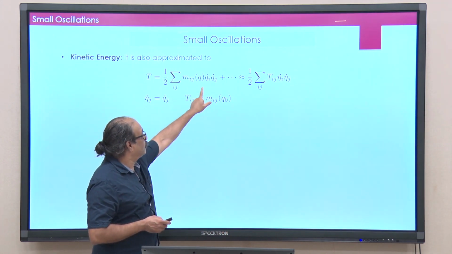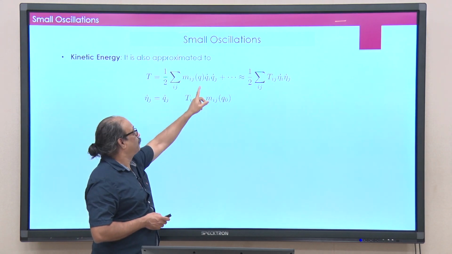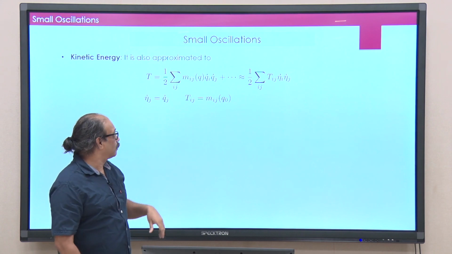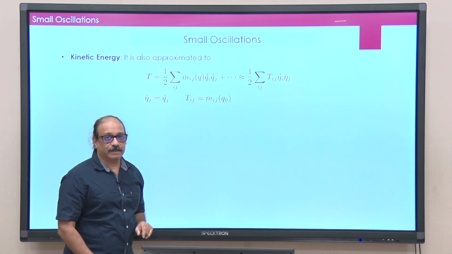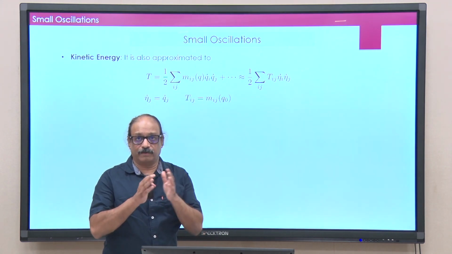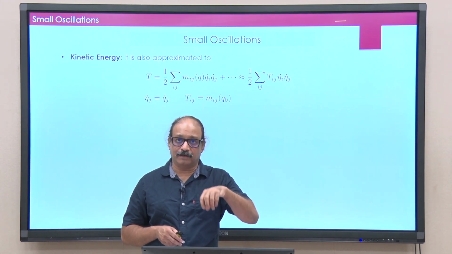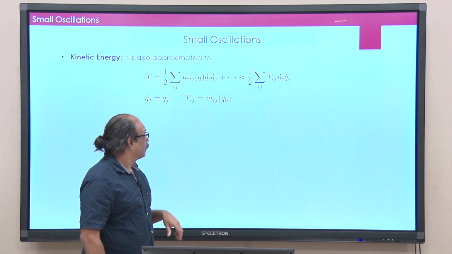There are only degree 2 terms there, which are basically products of qi dot and qj dot, but the coefficient there of qi dot and qj dot, that may not be a constant, that may depend on q itself, okay.